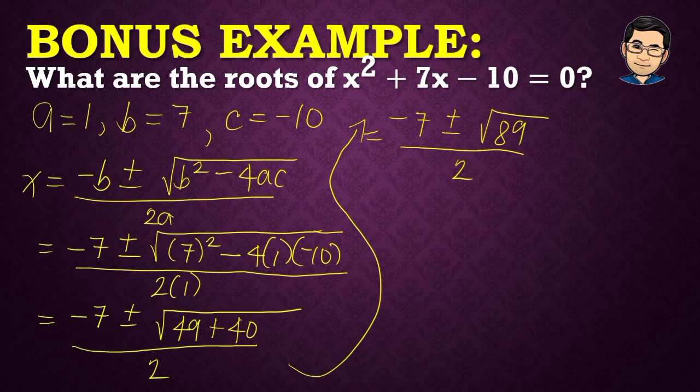So, kung mapapansin nyo dito, yung 89 natin, hindi siya perfect square, and then wala din siyang factor other than 1 na perfect square. So, ang solution ng given equation natin is x equals negative 7 plus minus square root of 89 all over 2. So, kung papakita natin using x sub 1 and x sub 2, magiging ganito.